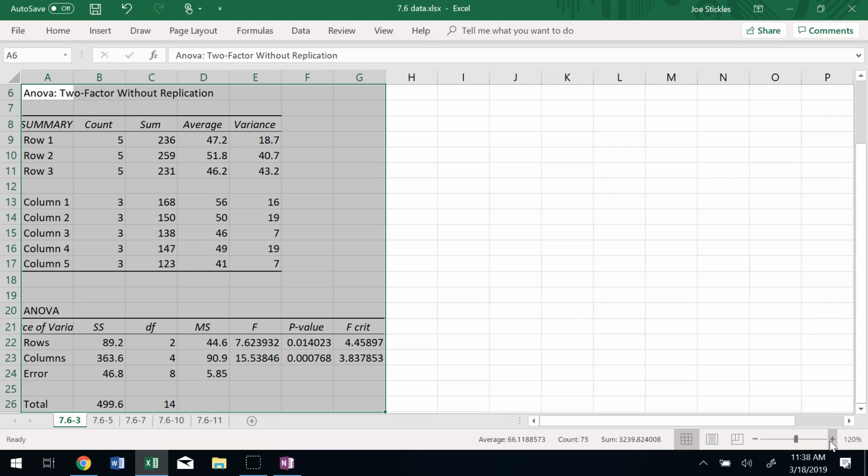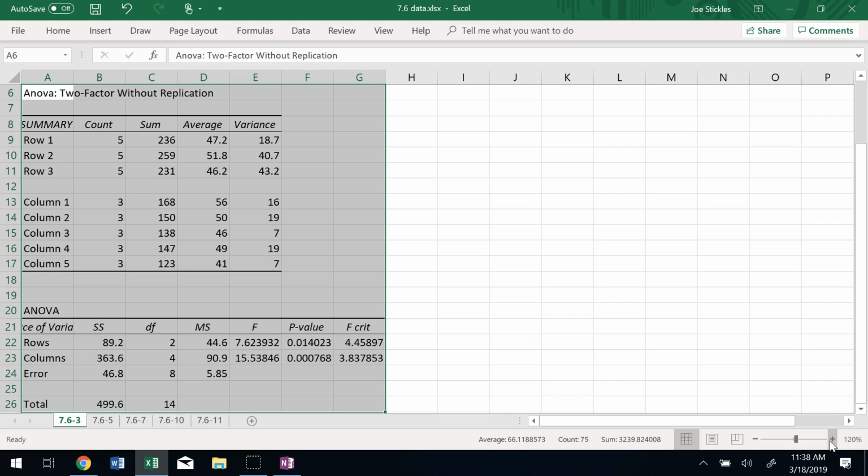Notice here you can check your degrees of freedom. There were 3 rows, so the row degree of freedom is 2. There were 5 columns, so your column degree of freedom was 4. Your degree of freedom on SSE is the product of those two. So that's why we get 8 there.